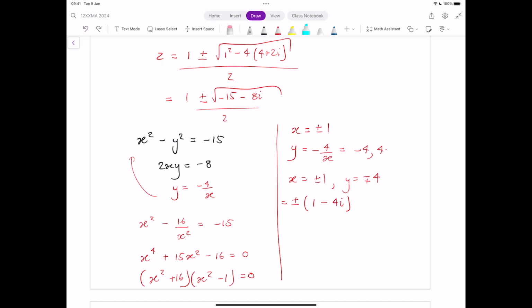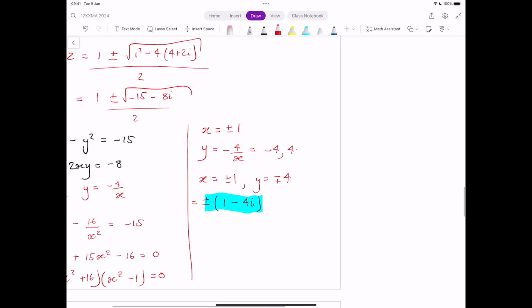Now, if we expanded out that plus or minus, we're going to have 1 minus 4i, which is our first solution, and minus 1 plus 4i, which is our second solution.